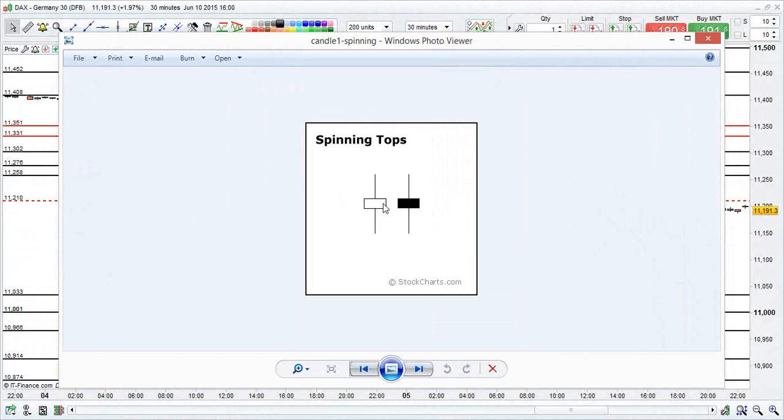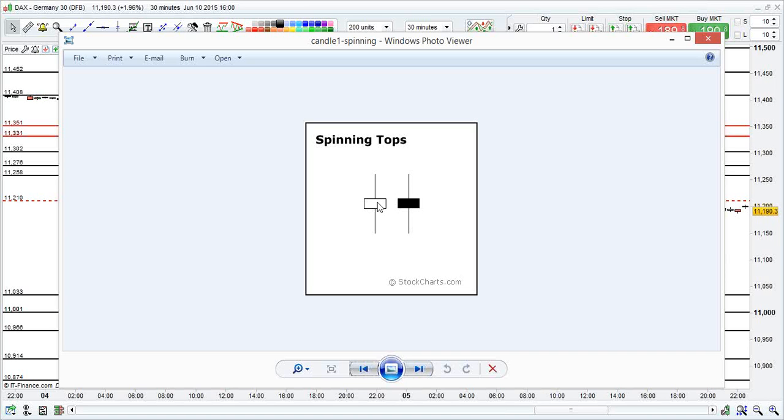Okay, and this may signify that the market is undecided. So it would be prudent not to take a trade and take a step away from the market at this point until we get clarification of a further move in the market.